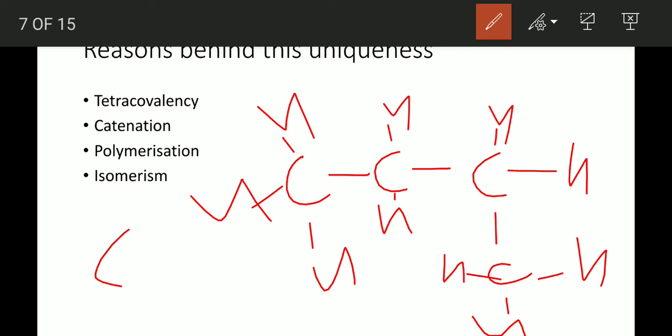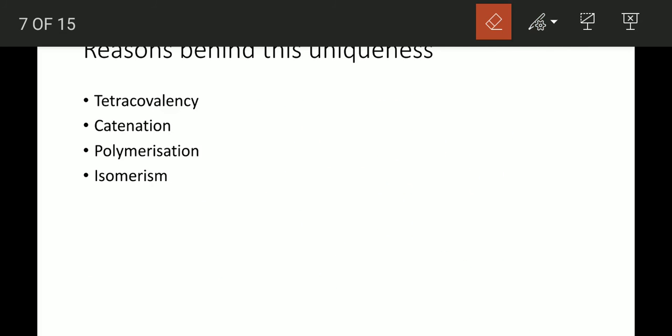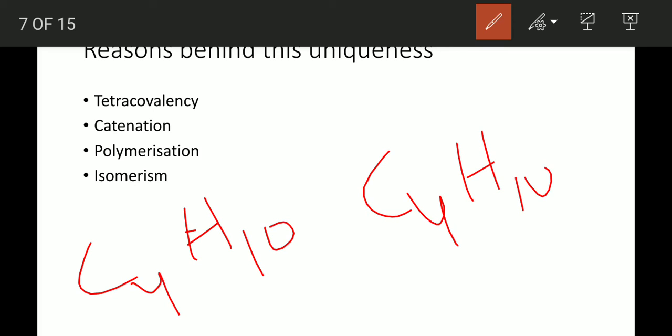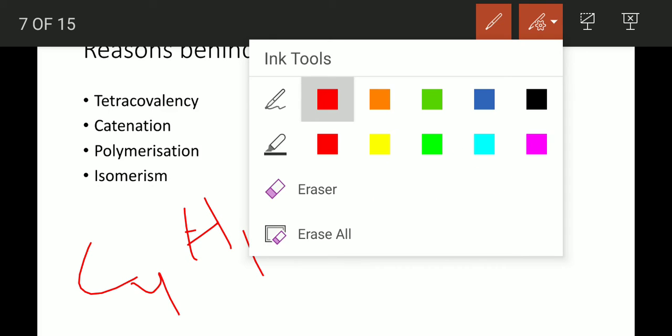In that case there are 4 carbons and 10 hydrogens, and in this case also there are 4 carbons and 10 hydrogens. There is no change in the formula, but in the drawing there is a change. This is called isomerism. Compounds having the same molecular formula but different structures are called isomers, and this property is called isomerism. About this I will tell you in detail.